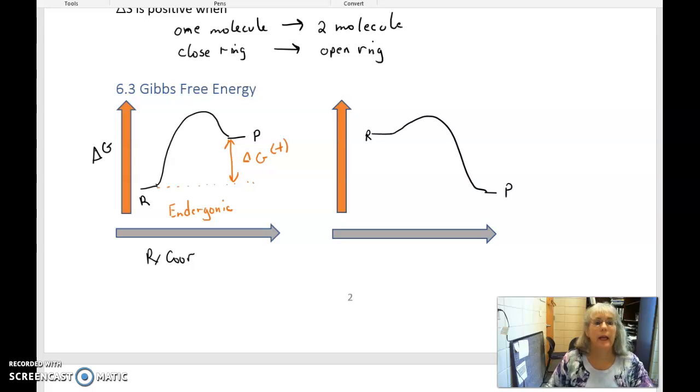And we have a difference in delta G. Our delta G here is negative, and this is an exergonic process.